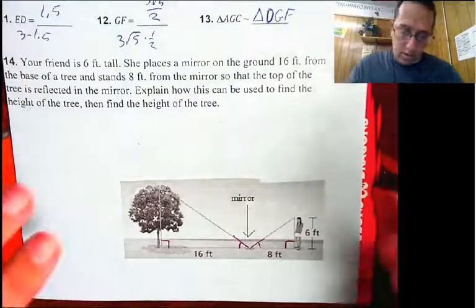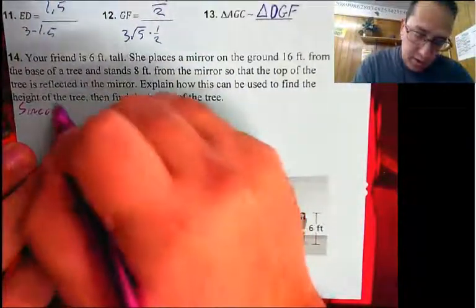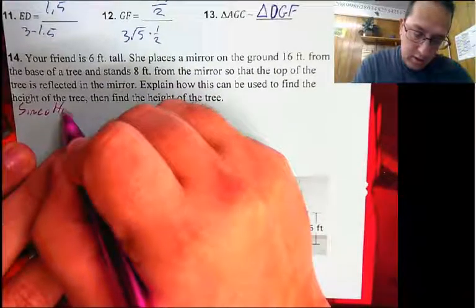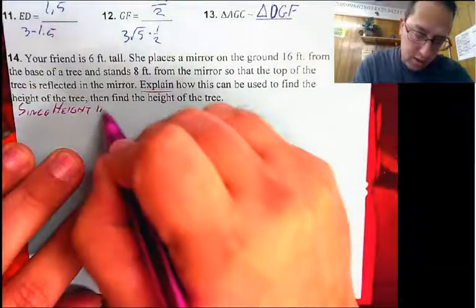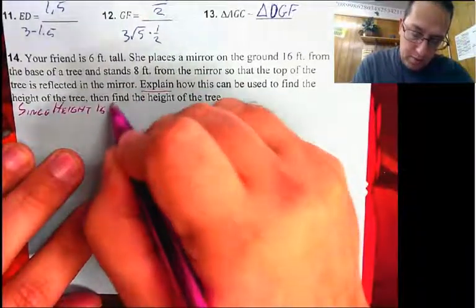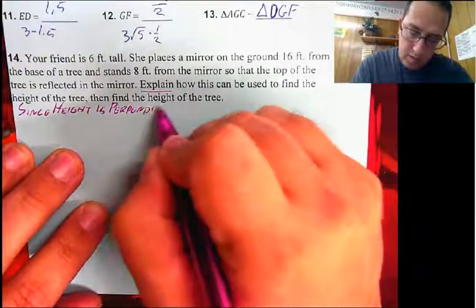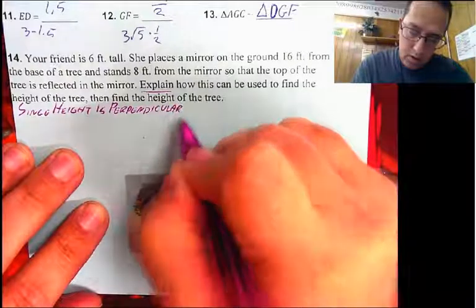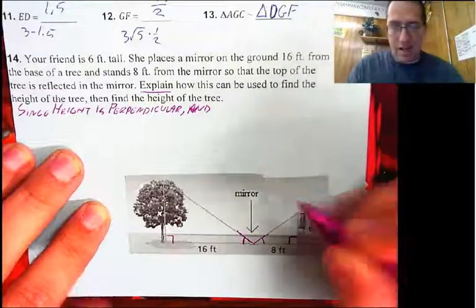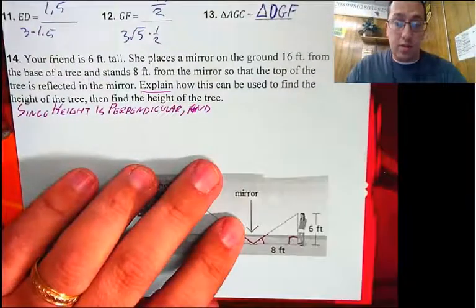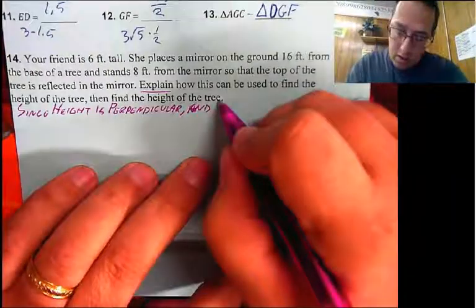So we need to write this down. And so, since height is always perpendicular, since height, because it does say to explain, is perpendicular, and light reflects at the same angle it hits the surface. I don't know what that's actually called. Whatever.